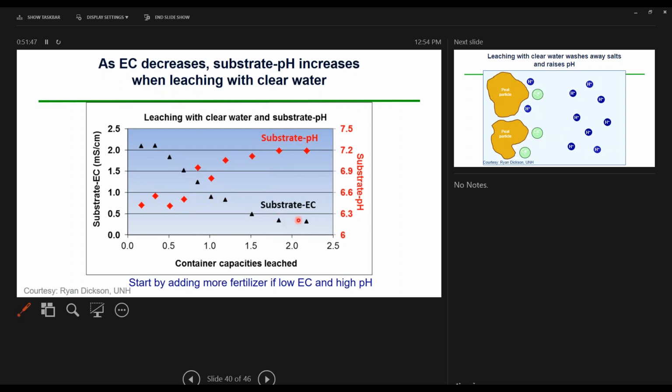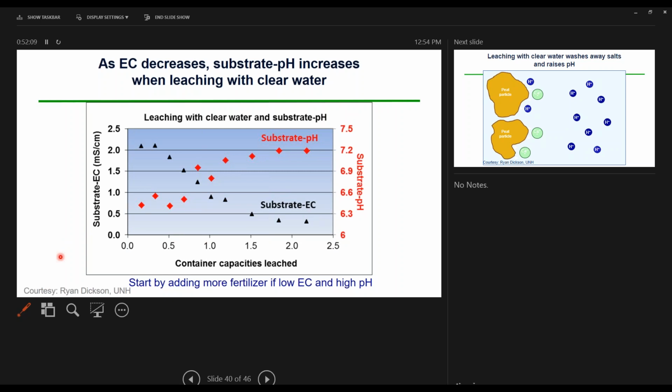That obviously we know that lowers the substrate electrical conductivity, okay? The important thing to consider is that as we're doing that, the pH will also go up. So keep that in mind, that other practices such as how much water we're applying will affect how the pH and electrical conductivity react.